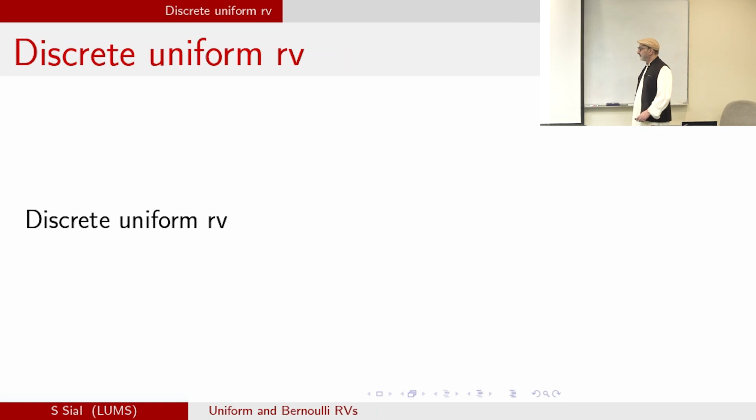Okay, so we're going to start with the discrete uniform. There's a discrete uniform random variable, and there's a continuous uniform random variable. We'll talk about the discrete one first.